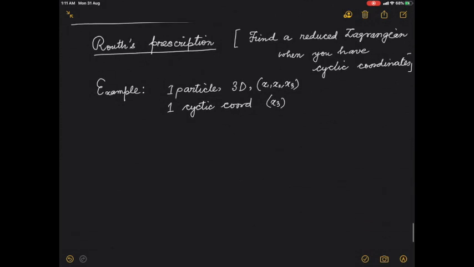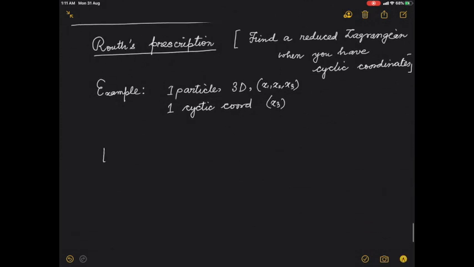Okay. So what do we want to do? Let us say that the Lagrangian, and I'm writing down the Lagrangian in the most general form possible, is: I will have the g's, and then I will have x_i dot, x_j dot.